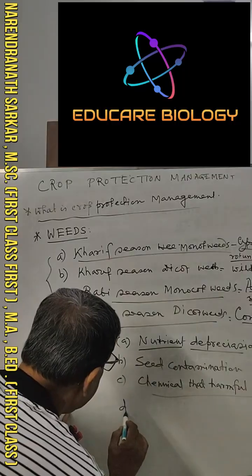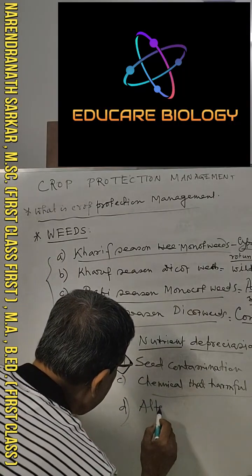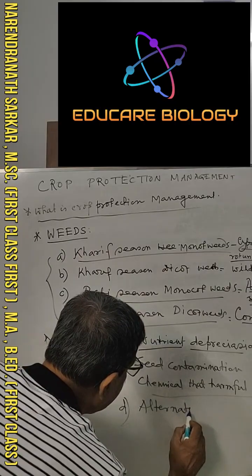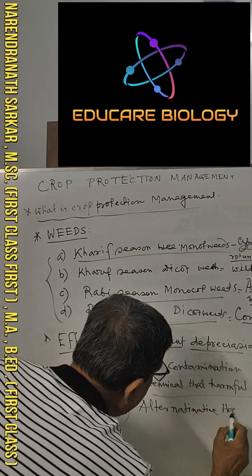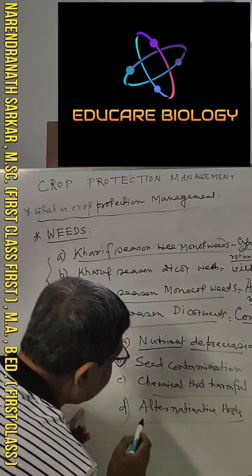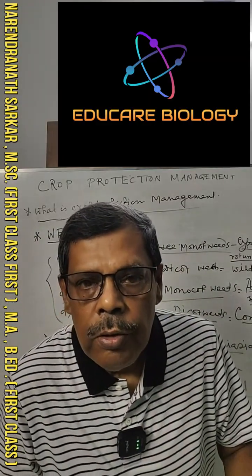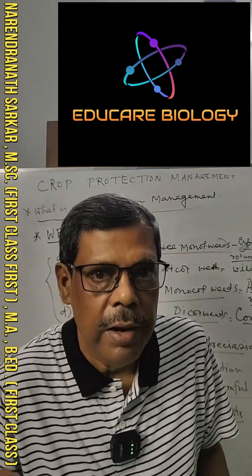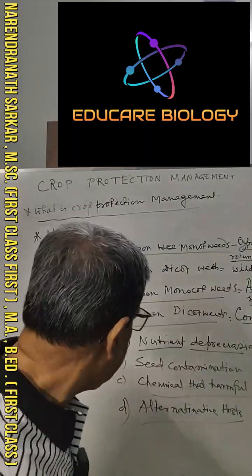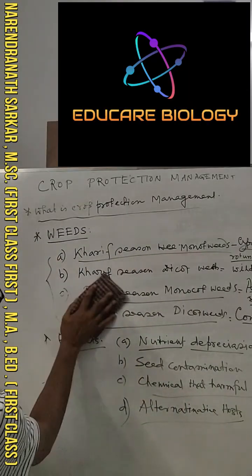Number four, alternative host. By the alternative host, they destroy the crop. These are the four effects of weeds.